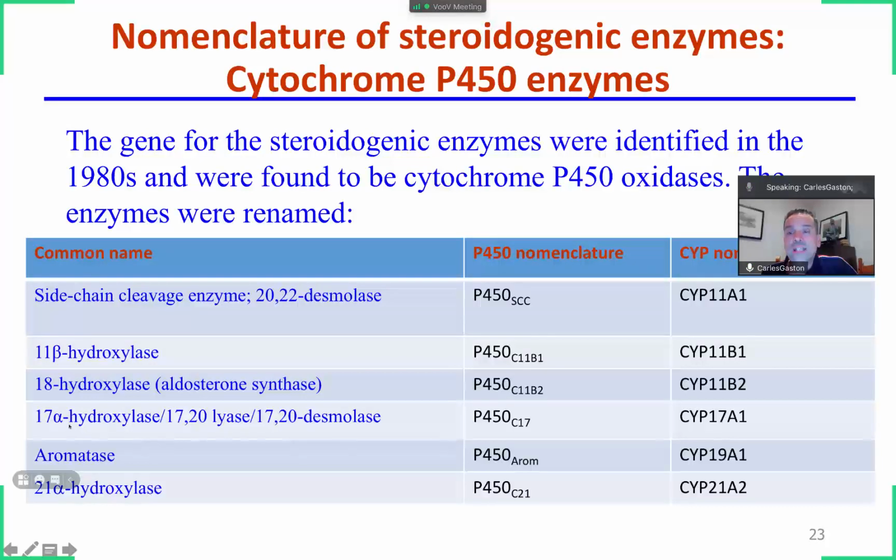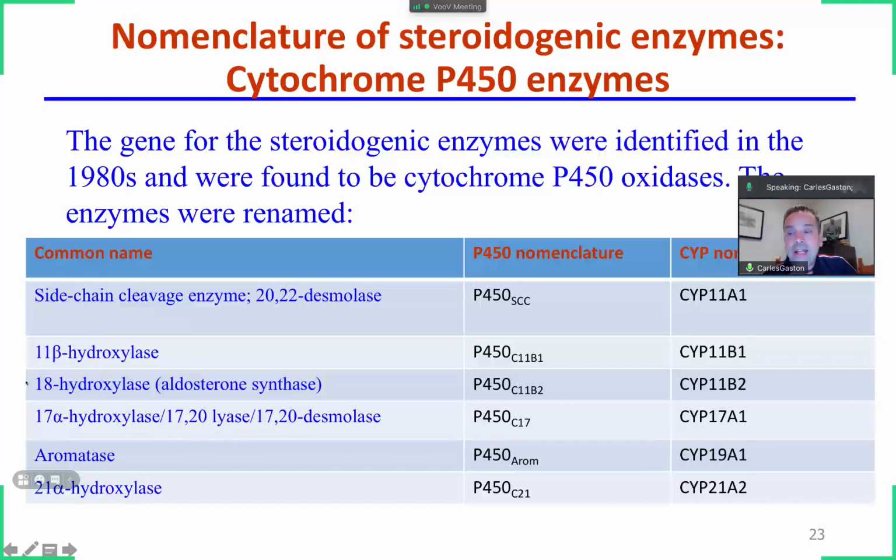In this table, these genes were identified and cloned in the 80s, and obviously they were called cytochromes, all from the same family, P450 oxidase. And the enzymes were named as here. We have the common name, side chain cleaving enzyme 20,22 desmolase. This is telling you the part where the cholesterol is modified and cut.